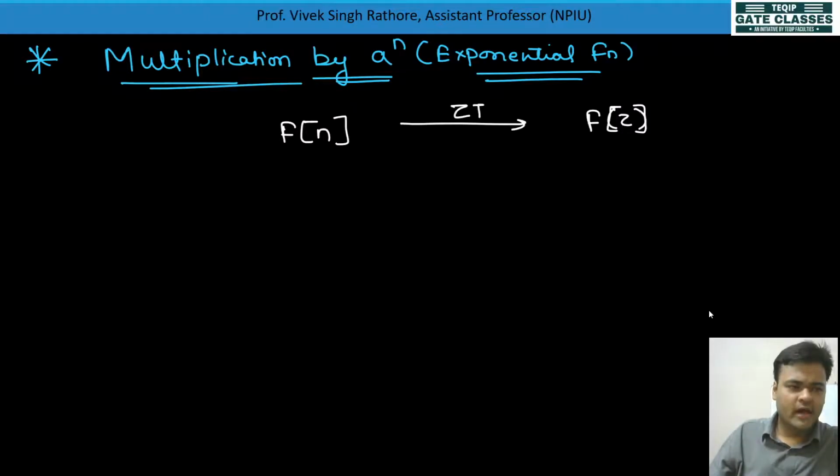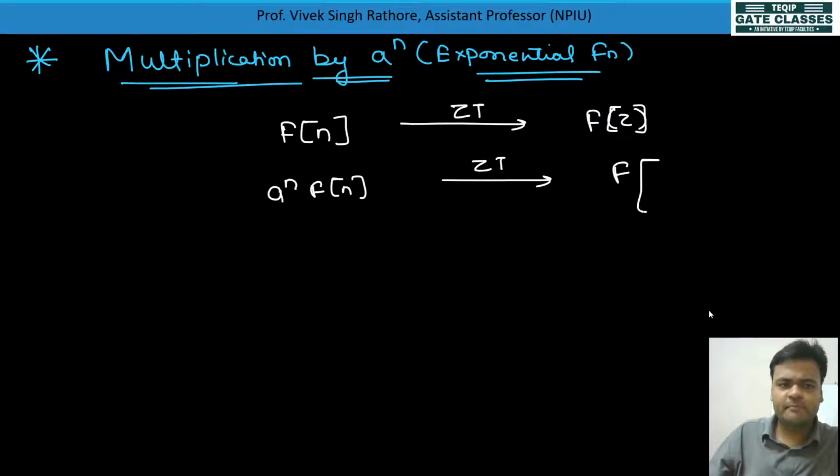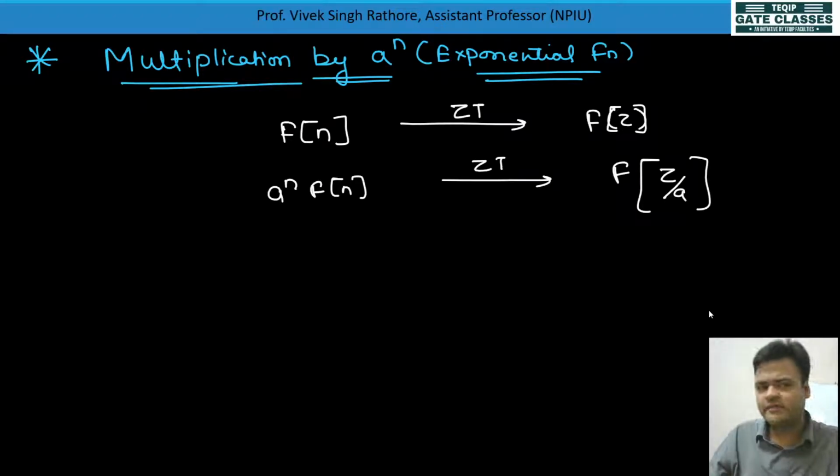Now if you multiply a to the power n into f of n, what will happen? Wherever z was there, you replace z by z by a.